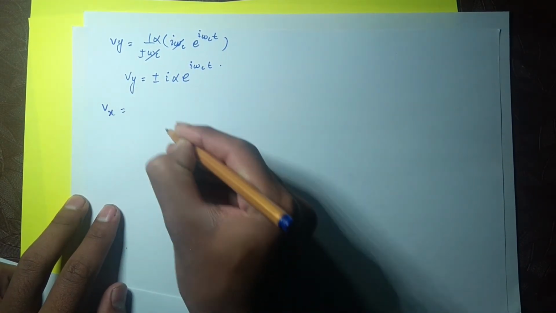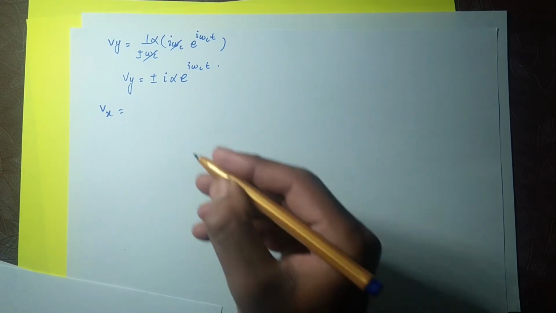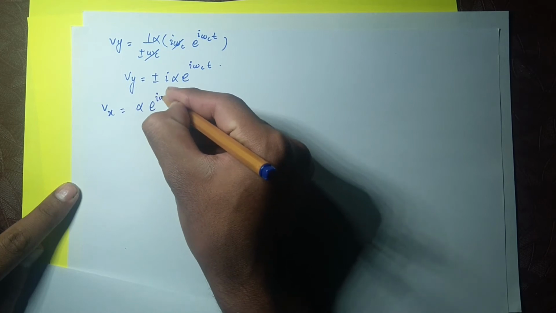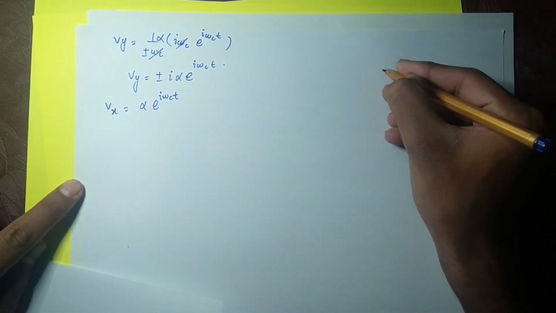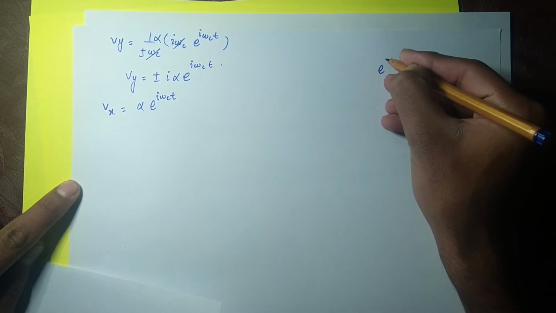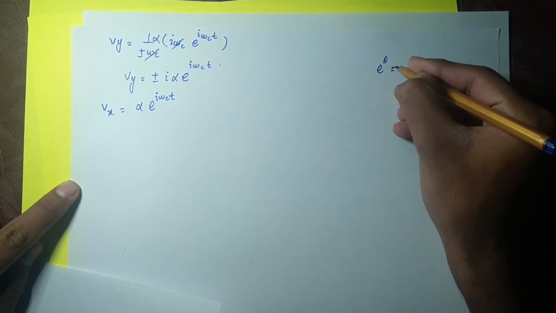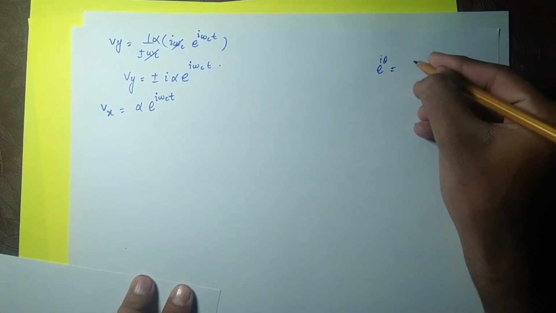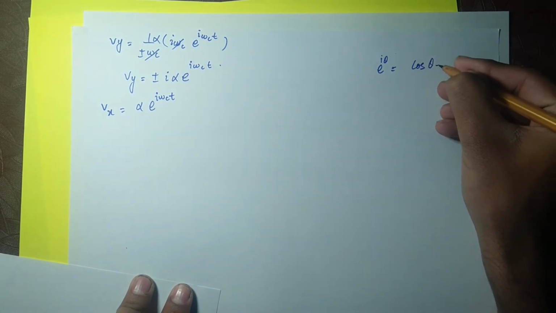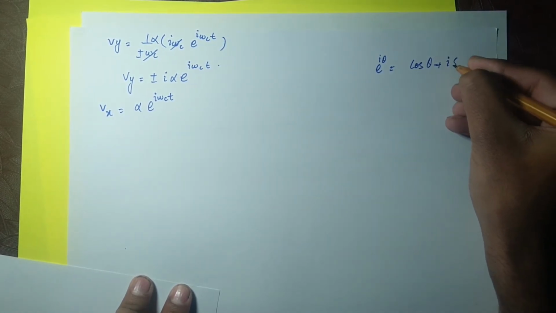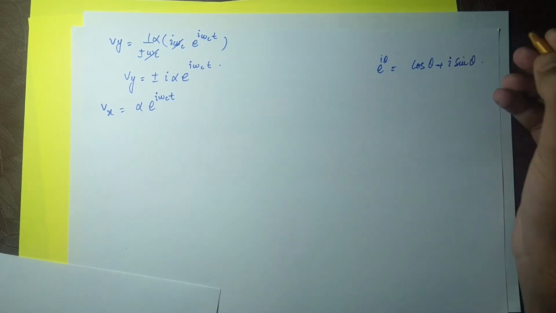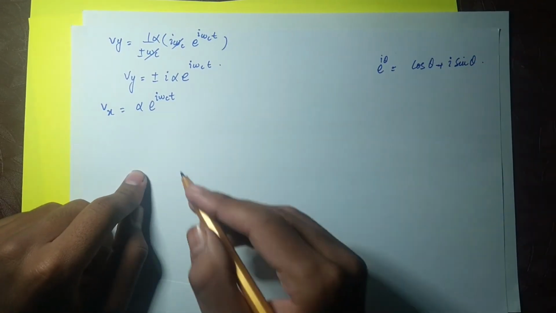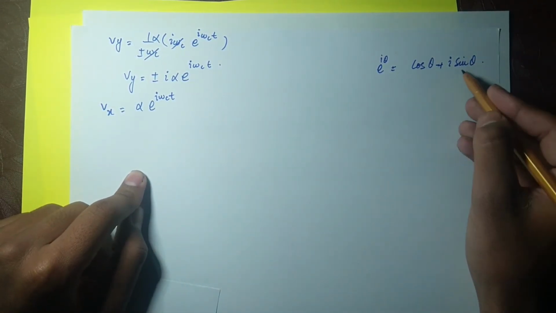V of x equals alpha e power iota omega c t, and we know that e power iota theta equals cos of theta plus iota sine of theta.